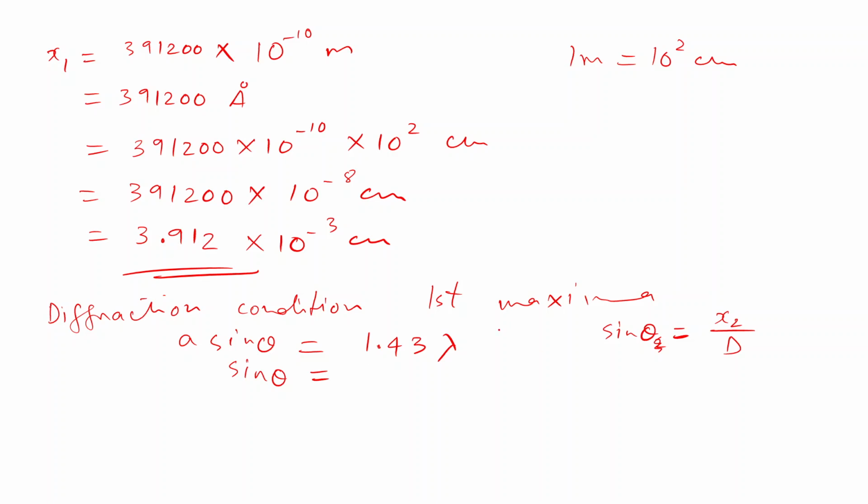When we compare these two equations, we get a x2 by d = lambda, and from this x2 will be lambda d by a.